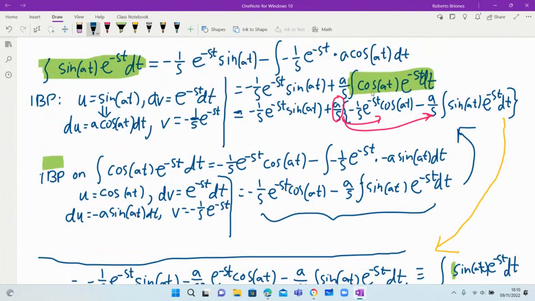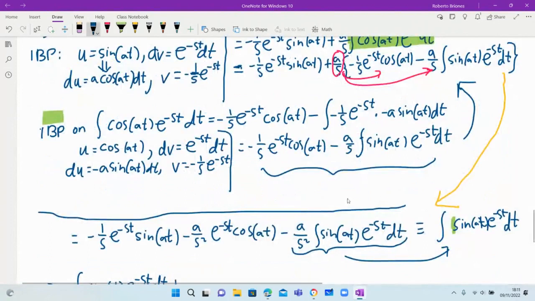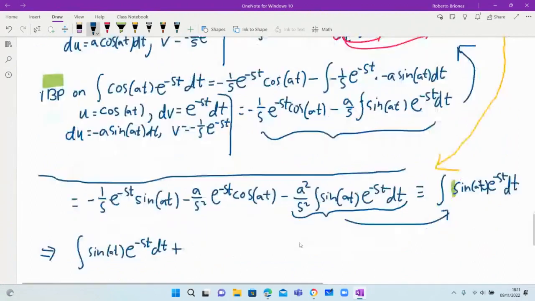So let me make a little bit of correction here. We have A over S here. If people notice, I have an A here and an A here. And so what I should get here is I should put a 2 here. All right, so that should be good.